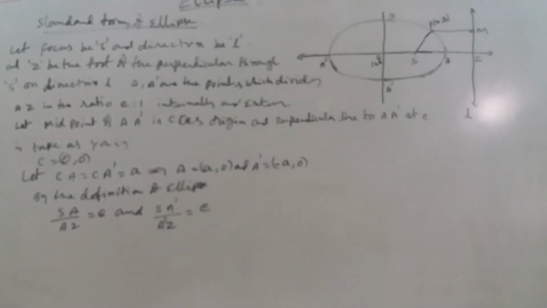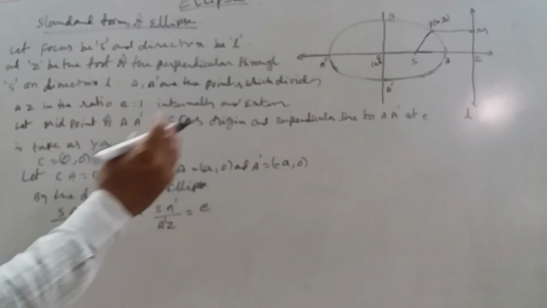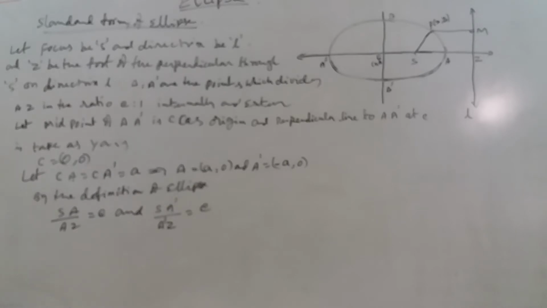That is nothing but the eccentricity. If this is the internal point, here S, A divides SZ internally and A dash divides externally, in the ratio e is to 1.